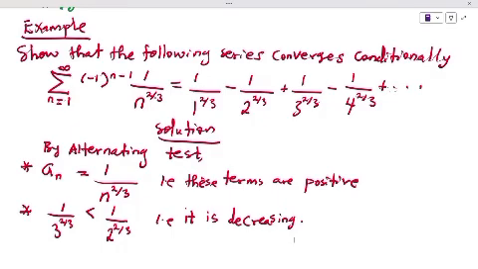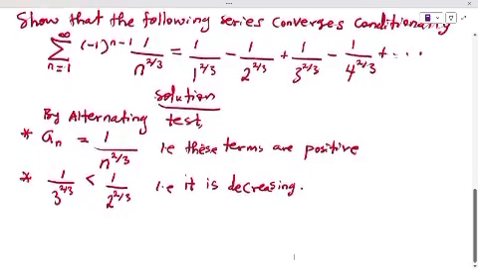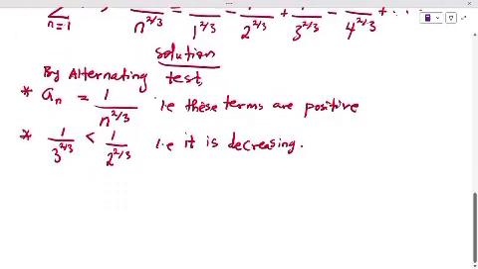Then the third condition that we need to look at now is that if we take the limit, right? You take the limit of the term an, which is what? 1 over n to the power of 2 over 3. If you take the limit, will it give us 0? So let's take a look at it.